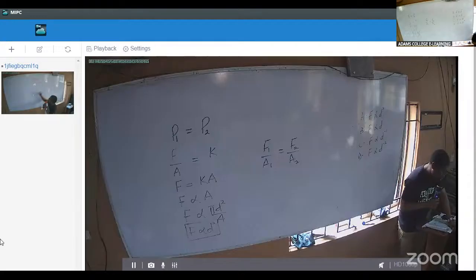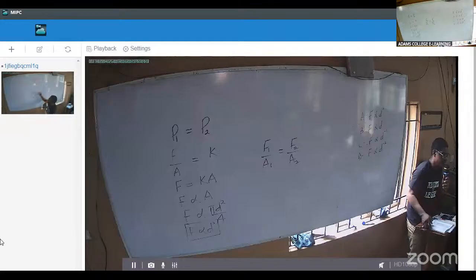Calculate the speed of the waves in the shallow water. Now let's try it. Speed of the wave in the shallow water.